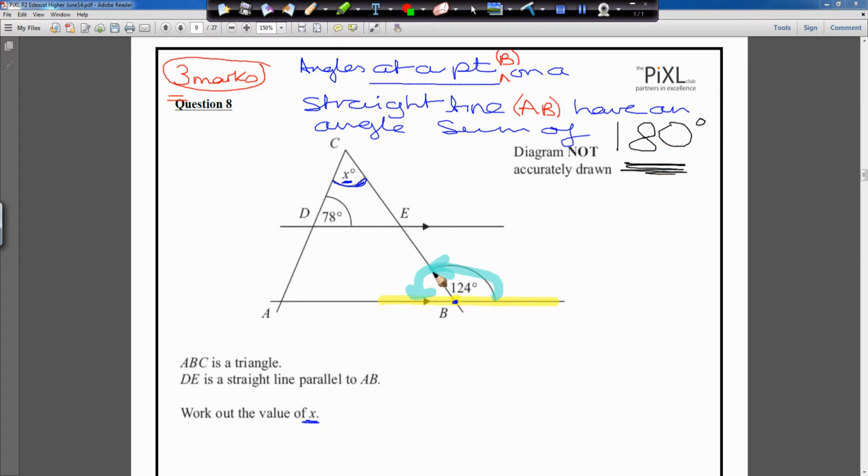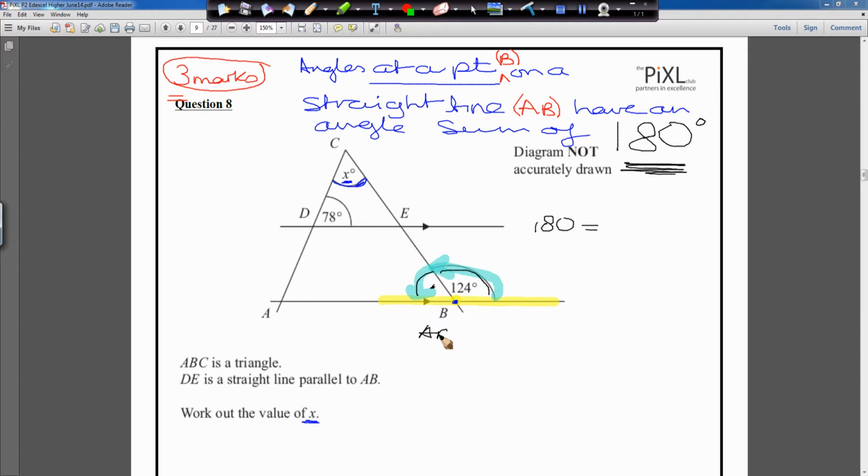So these two angles, this angle here and this angle here, must add up to 180. So we can quickly work it out. So we can say 180 minus, because these two add up to 180. Okay, I'm going to call this angle here angle ABE to be more mathematical.